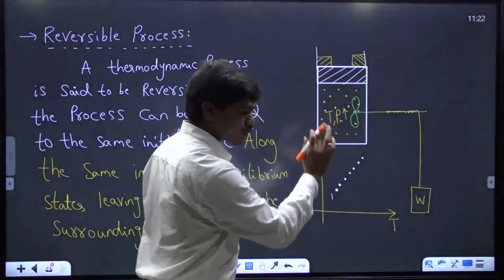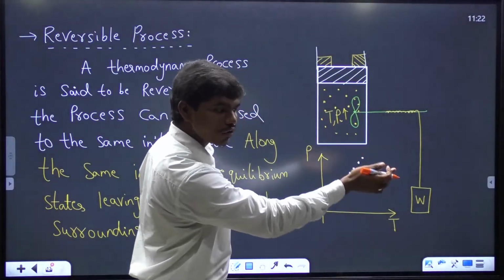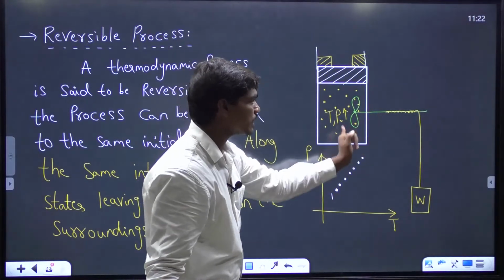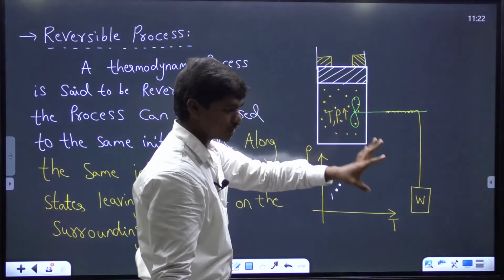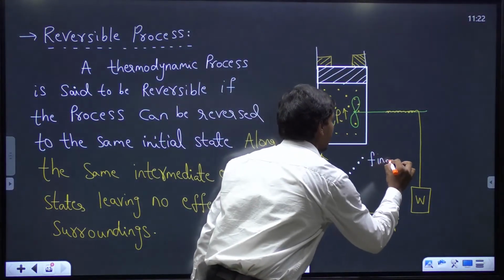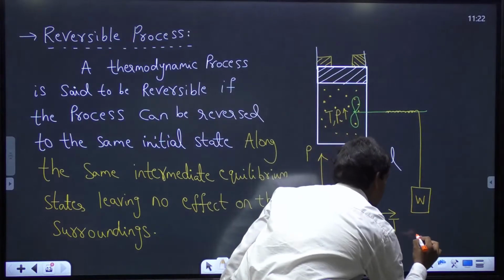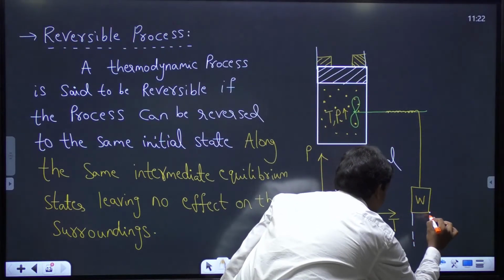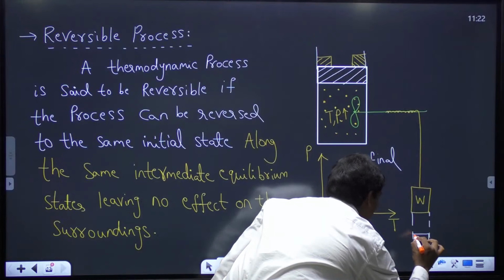Okay, so this is a closed system and definitely no mass can go out or in, but energy interactions, work interaction is taking place since this is a closed system. Okay, so let us suppose this is the final state by the time this weight which is here got displaced to this point W.